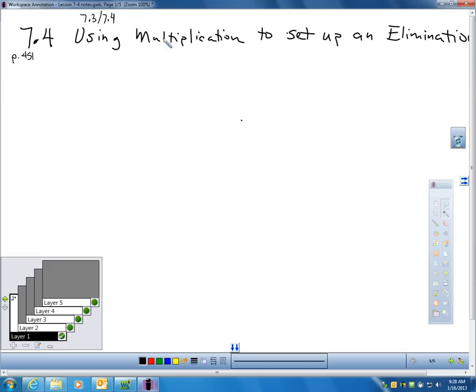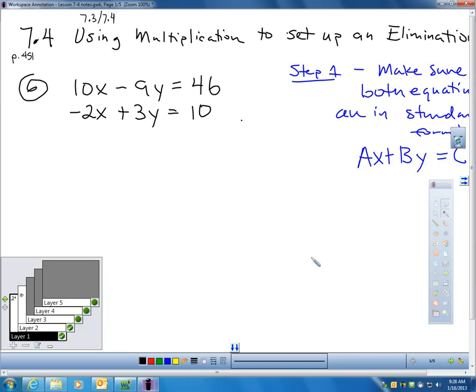One question that always comes up is the following. Let's turn ahead for a minute and look at page 454 and look at problem 6. We want to solve this system using elimination, but when you look at the system carefully, do you notice there's nothing to eliminate?